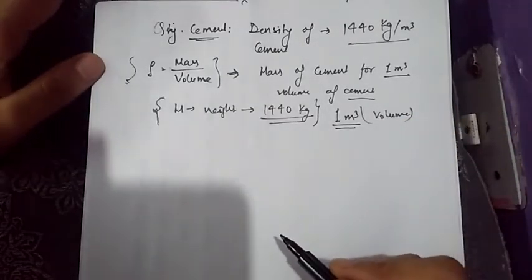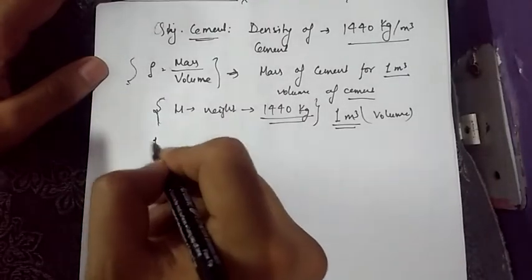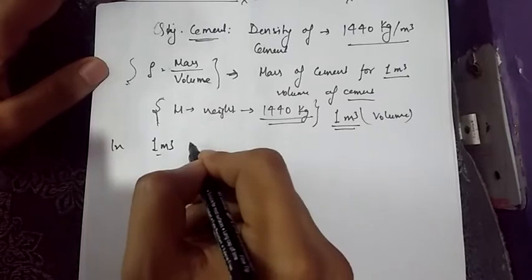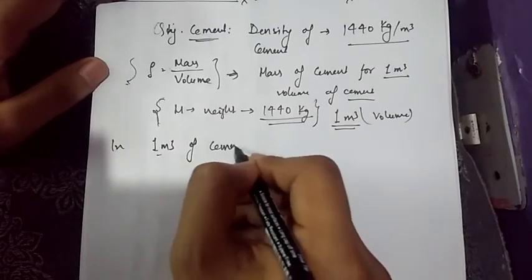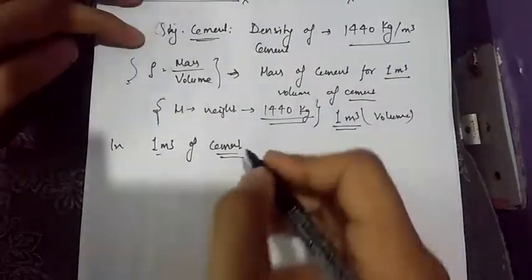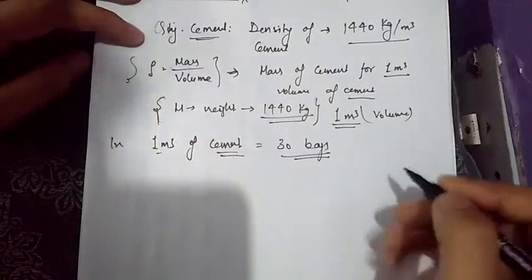Okay, and in 1 meter cube of cement there are 30 bags of cement.